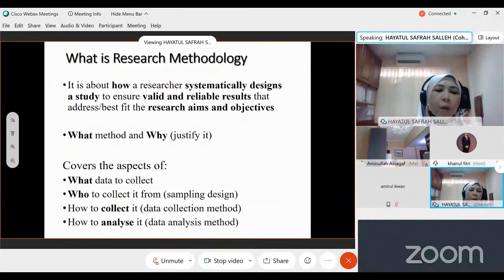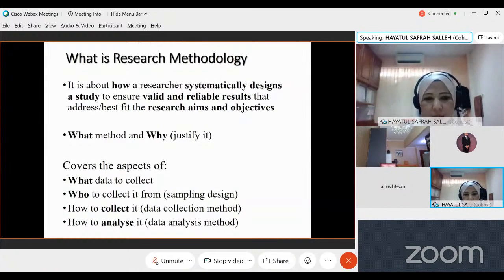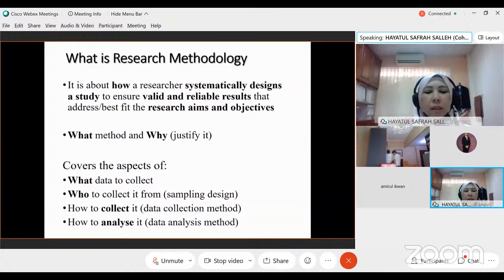You must know what data to collect, who your sample or population is, what types of data collection methods you want to use, and lastly, what types of data analysis method you want to use. But I will not discuss data analysis in detail, because you will have another session with another speaker to discuss that.